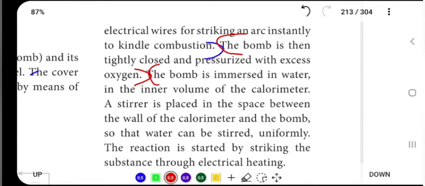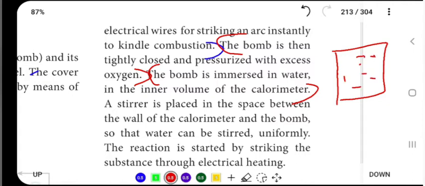So the bomb is completely immersed in the water in the inner volume of the calorimeter. That calorimeter contains full of water, and inside that water the bomb is placed.